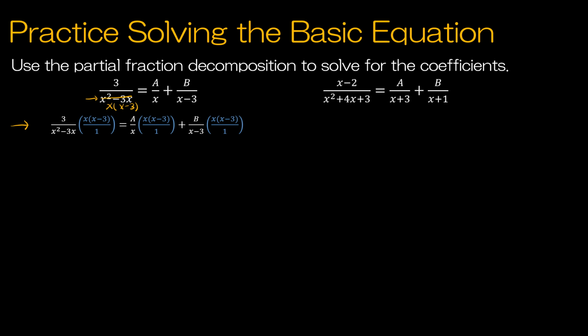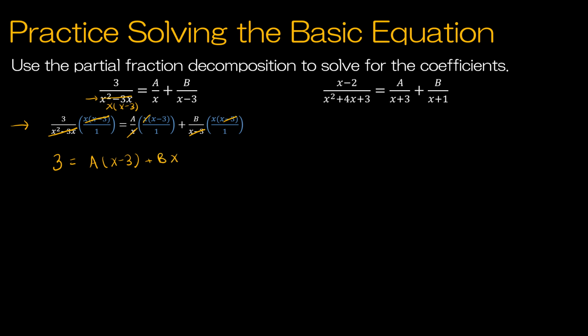And the reason that we do that is the original fraction, we're going to be left with only the numerator every time. On the right-hand side, if I cancel out those x's, I'm left with a times the quantity of x minus 3. And for my second fraction, taking out x minus 3, I get plus bx.